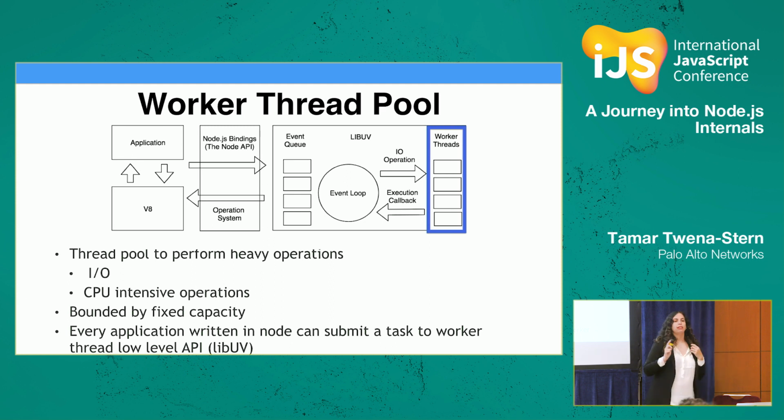It is based on an API called libuv. It's a library in C++, cross-platform, works in all of the operating systems, and it enables you to submit an I/O operation in an asynchronous manner.